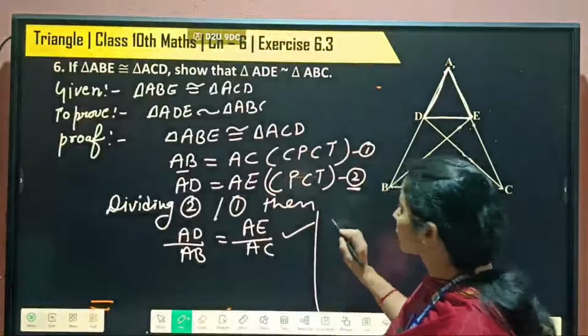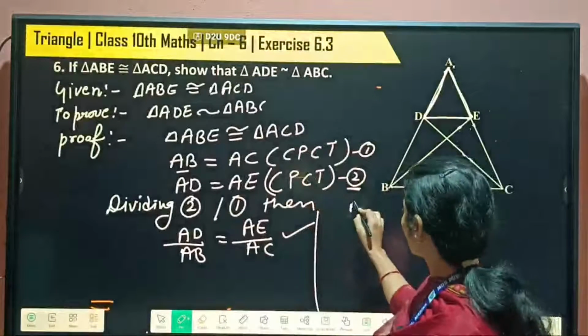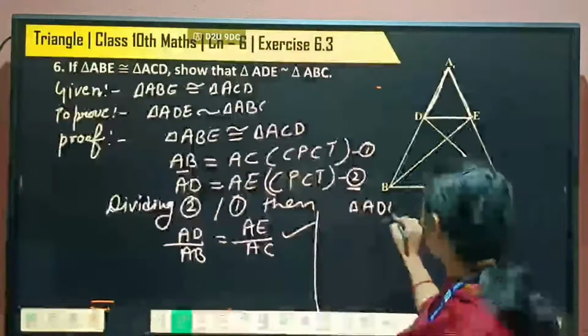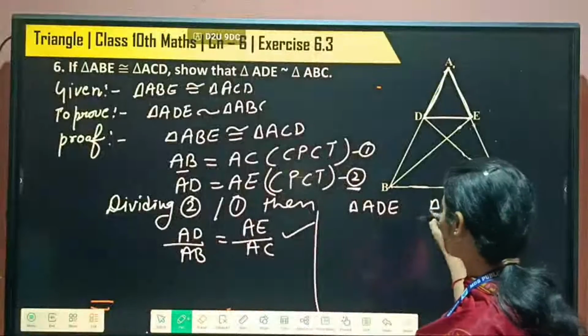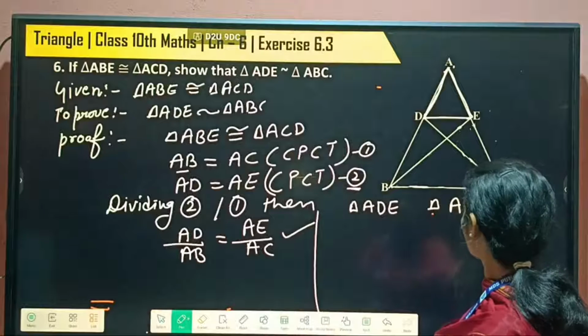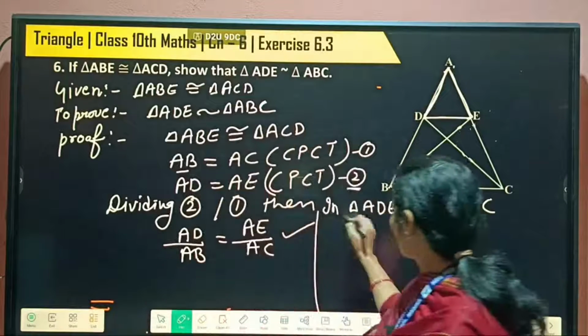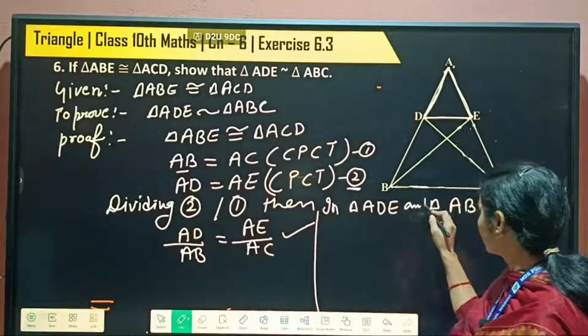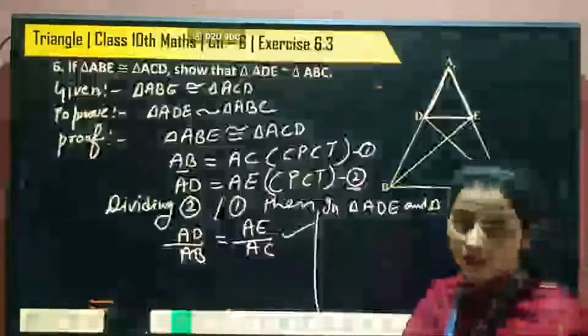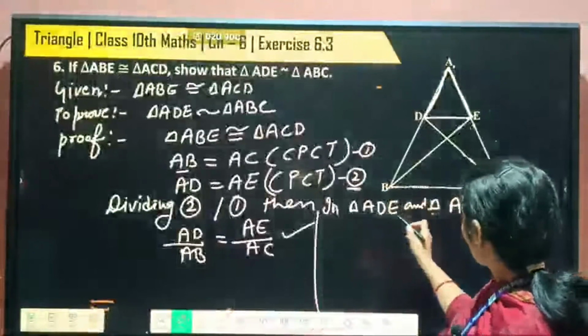Now what is to prove? To prove is triangle ADE is similar to triangle ABC. Now in these two triangles I will work. I have to prove these two triangles are similar.